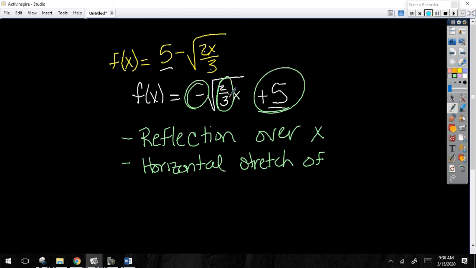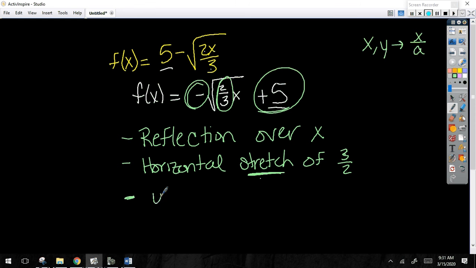Because my stretch factor is 2/3 here, what I do, and if you look on that chart that I gave you, it says to take x and divide it by a, right? So if we divide it by 2/3, that's the same thing as multiplying by 3/2. So we say the factor is actually the flip of it, the 3/2. All right, I'm not so worried. I really want you just to recognize that this is a stretch, okay?